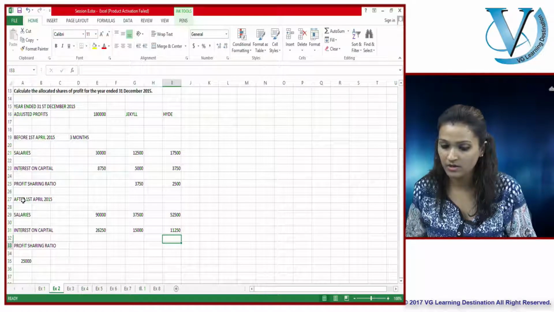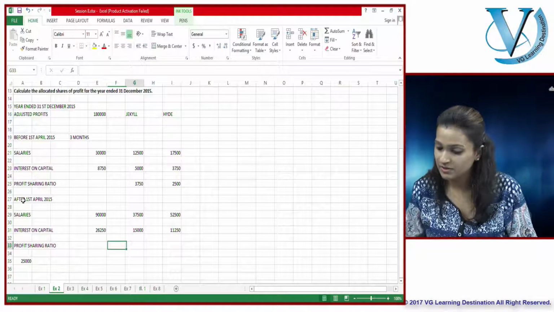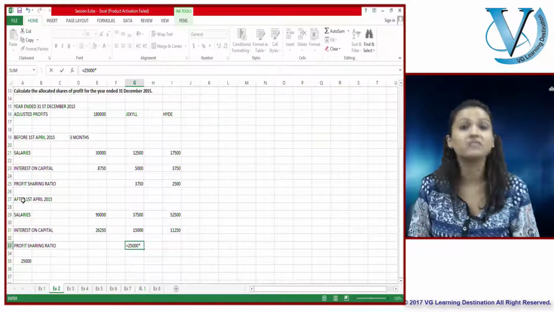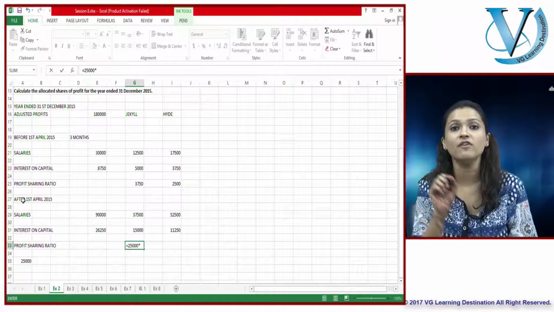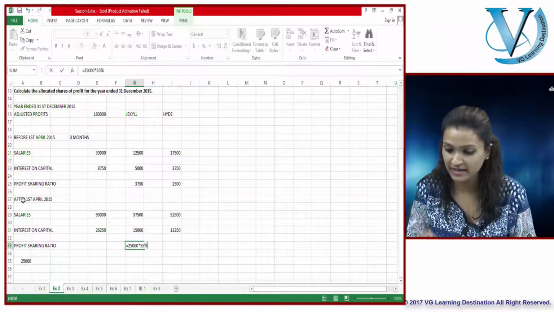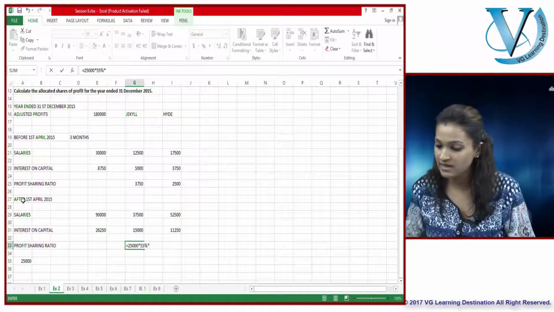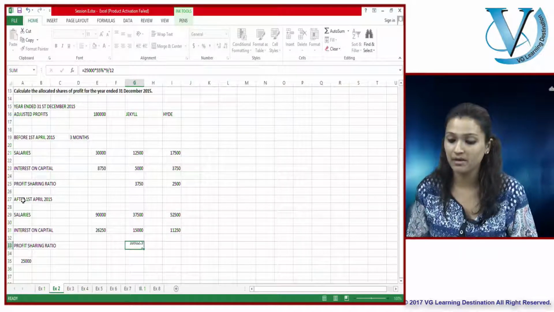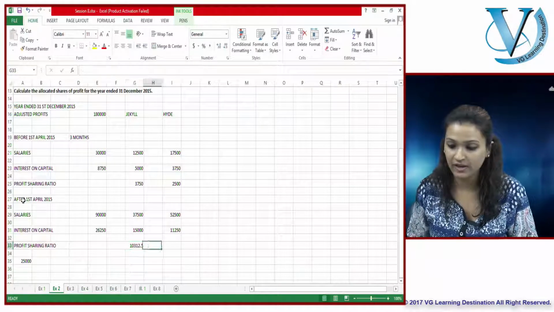Similarly, we have what? We got £25,000 now to be split in this changed ratio of 55-45. So 55% here multiplied by for the 9 months ending the 31st of December. Similarly, what do we have here?